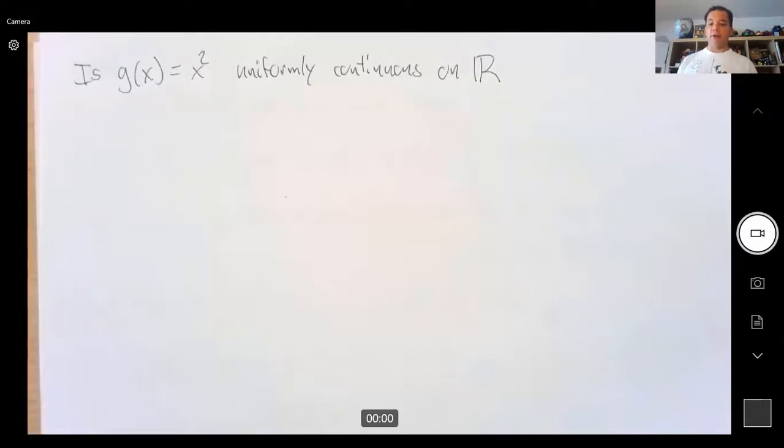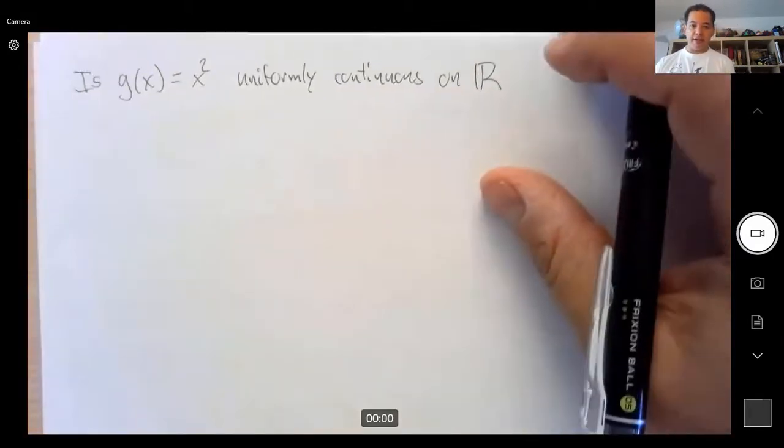So maybe that's the clue. Maybe the clue for this one is we need to pick sequences that go far away from zero, right? So two sequences that are getting far away from zero, but that they're getting close to each other. So that's precisely the case here.